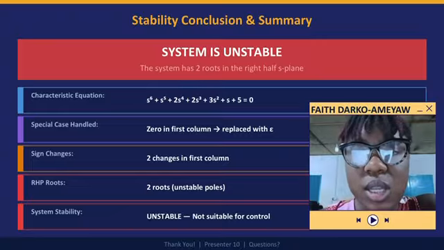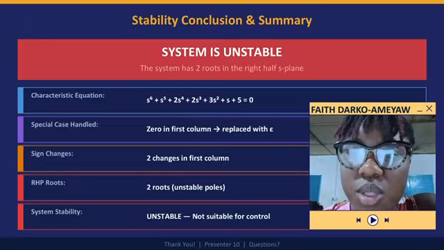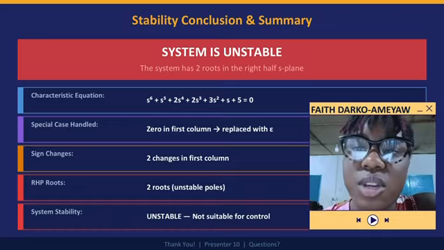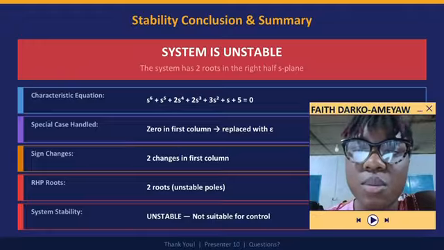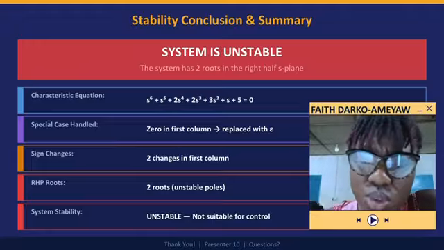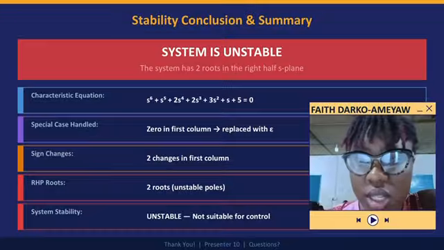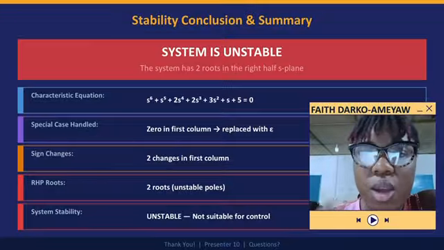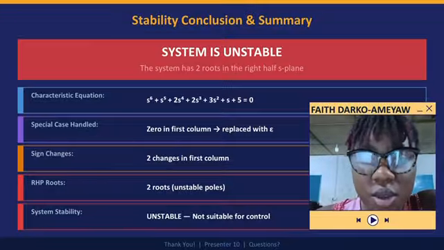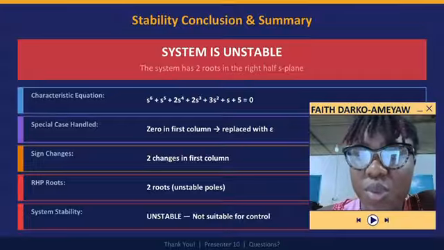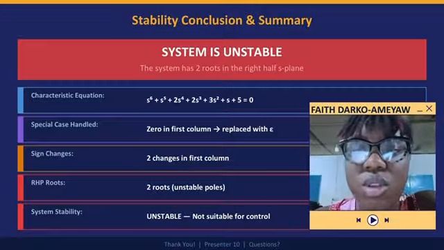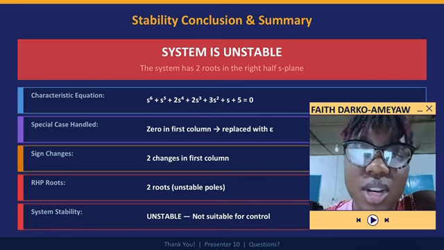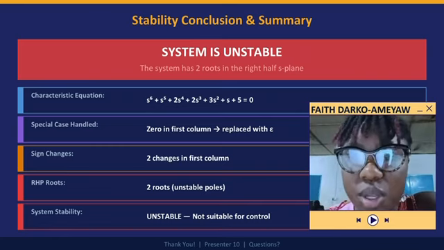For our key takeaways, the Routh-Hurwitz criterion is a very powerful tool that helps us determine stability without necessarily having to solve the characteristic equation. For higher order systems like this 6th order example, solving directly would be very difficult, so the Routh-Hurwitz method has given us an answer in a very systematic way.